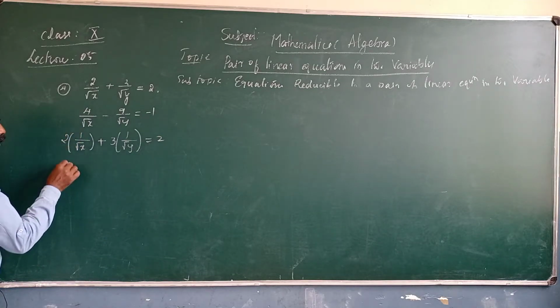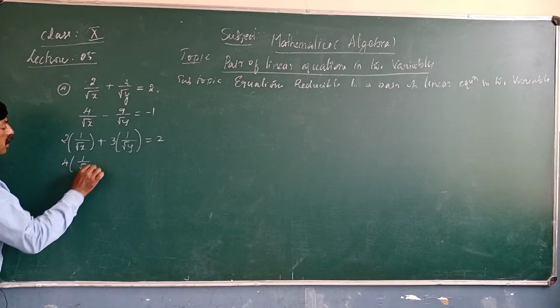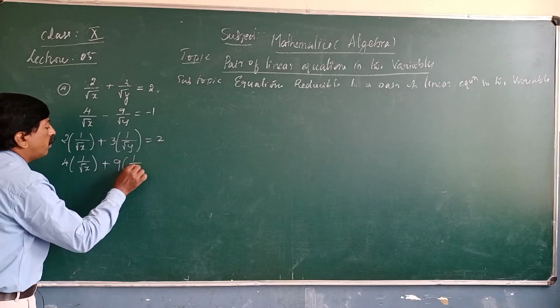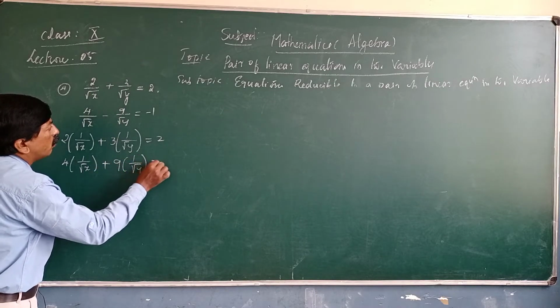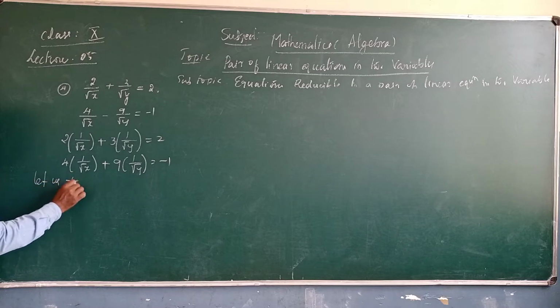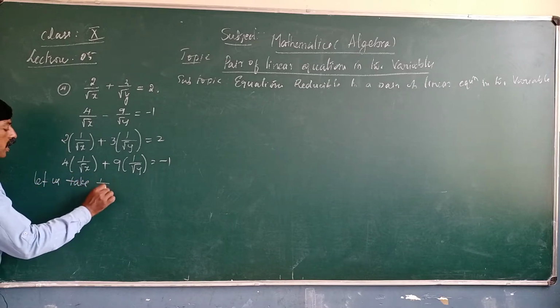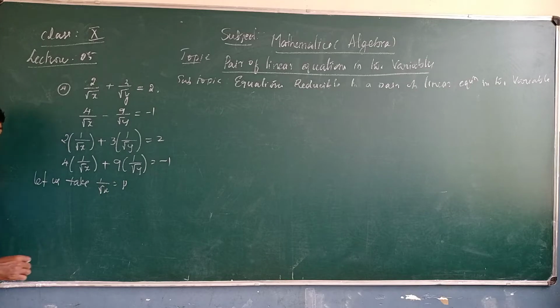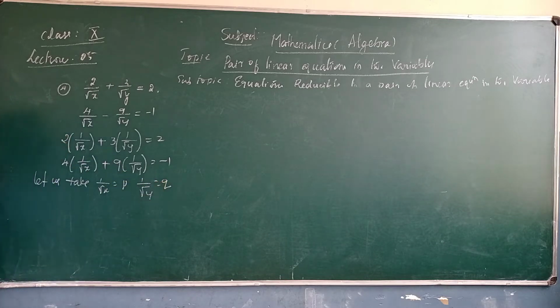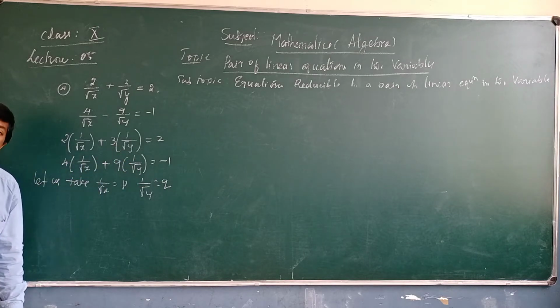And in the other equation, 4 by root x can be written as 4 times 1 by root x, plus 9 by root y can be written as 9 times 1 by root y, which is equal to minus 1. Now very easy. Let us take 1 by root x is equal to p, and 1 by root y is equal to q.